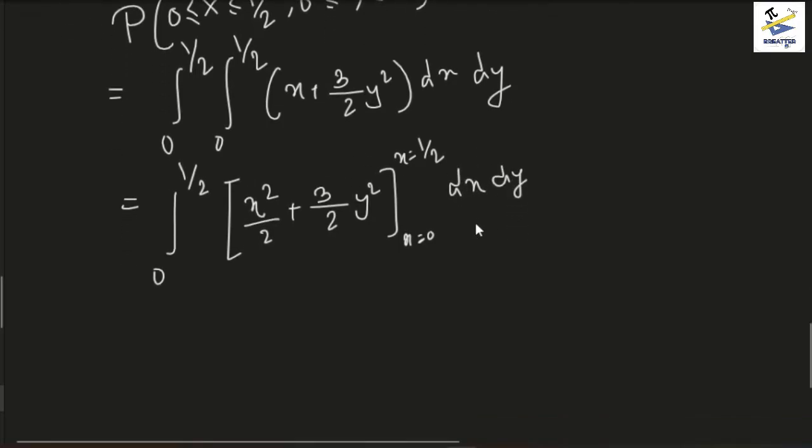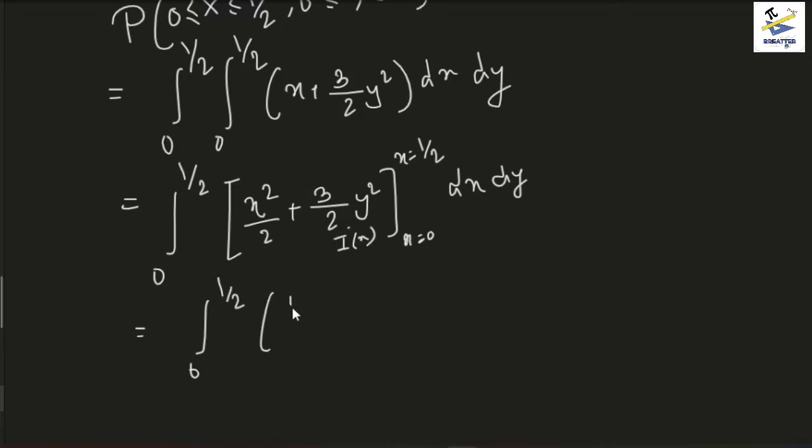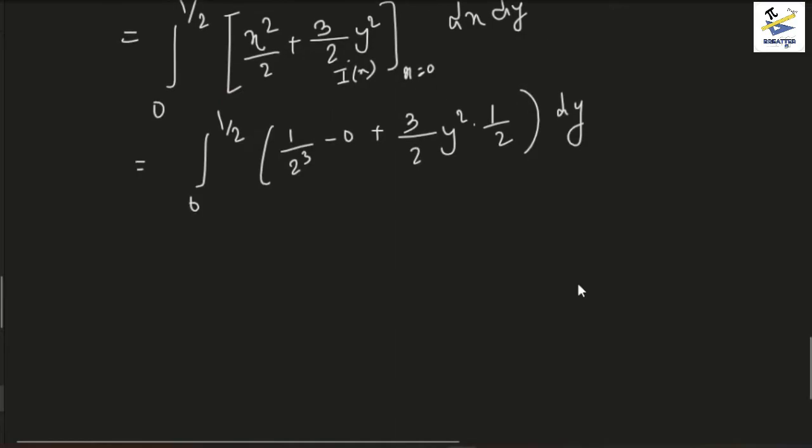So the plus 3 by 2 y square just remains the same, and this one is basically the integral of x. So anyways, this becomes 0 to half. For the x square by 2 part, it becomes 1 by 2 cube minus 0, and this one becomes 3 by 2 y squared into 1 by 2 dy. So the x part is completed.